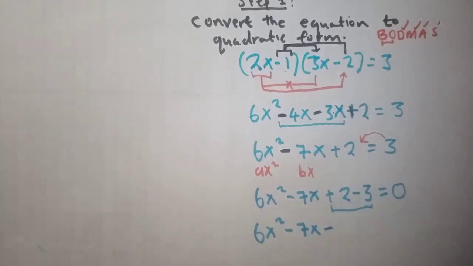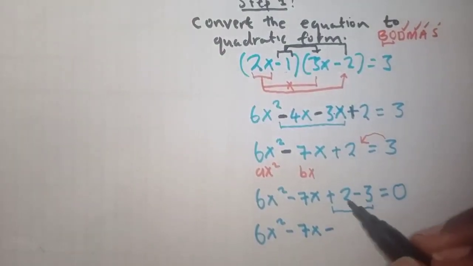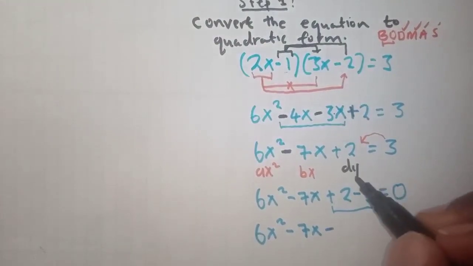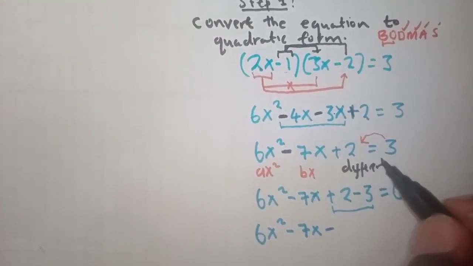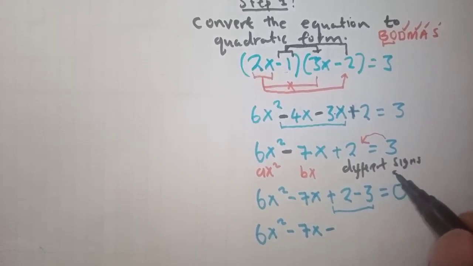And then the rule here: if you have different signs, you subtract.